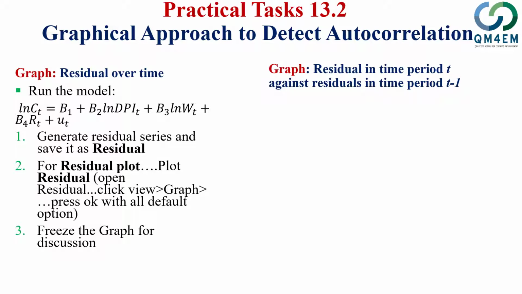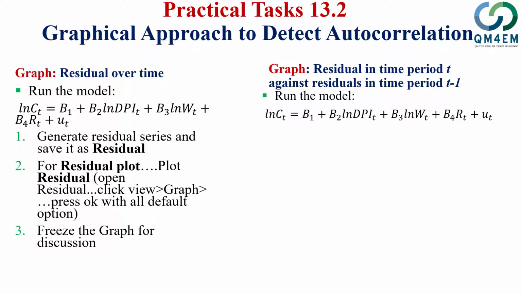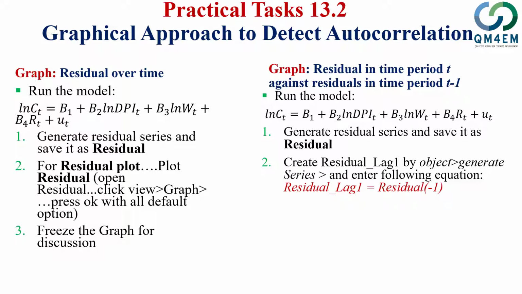Similarly, to plot the residual values against its lag value, first of all you will need to generate a variable. You need two variables, the lag values as well. So first you run the same standard model, then you generate the residual series and save it as a residual. Now you need to create the residual lag value, so I named it residual_lag, and it's a standard procedure.